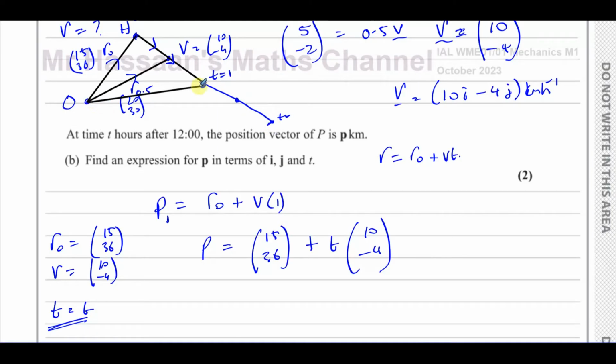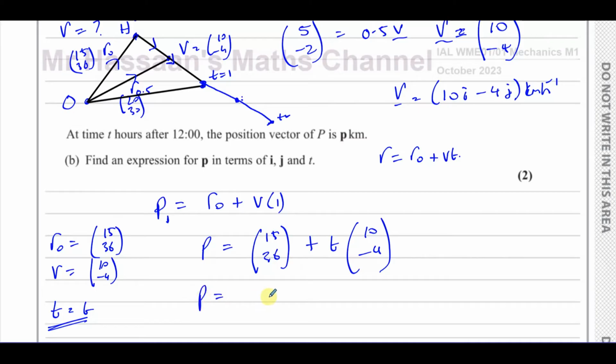So the position vector after 1 hour will be 15, 36 plus 1 times the velocity. After 1.5 hours, it will be 15, 36 plus 1.5 times the velocity vector. After 2 hours, plus 2 times the velocity vector. After 3 hours, it will be 15, 36 plus 3 times the velocity vector. So the value of t will tell you exactly where you are.